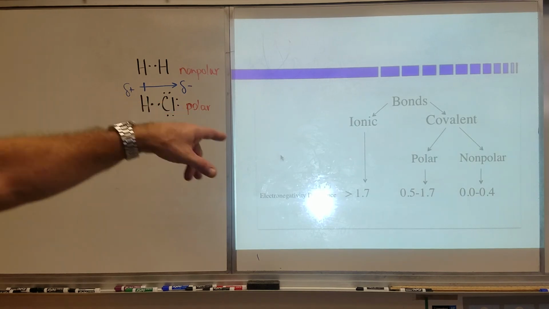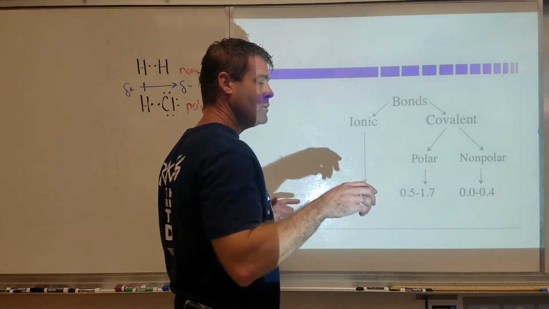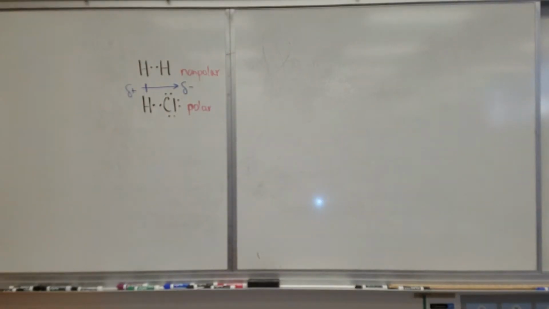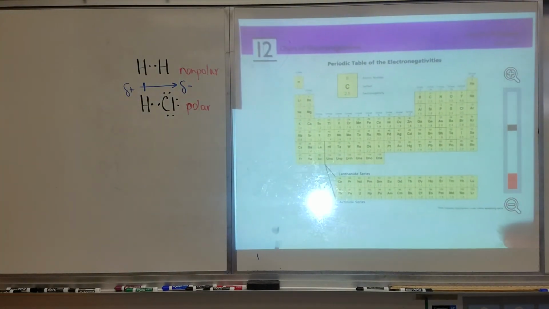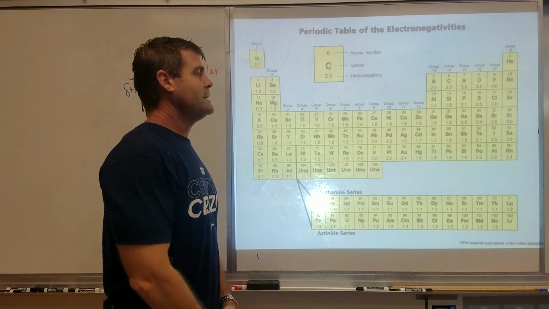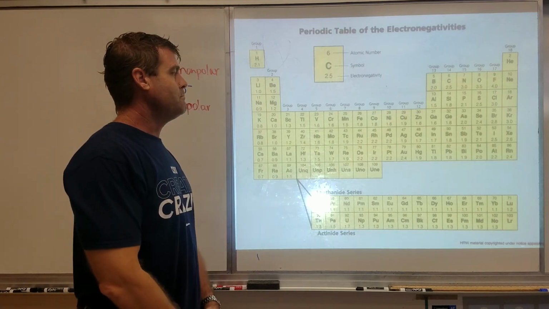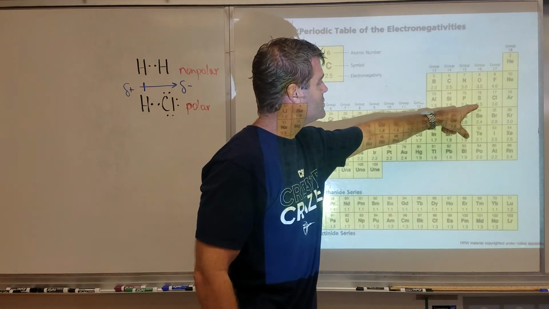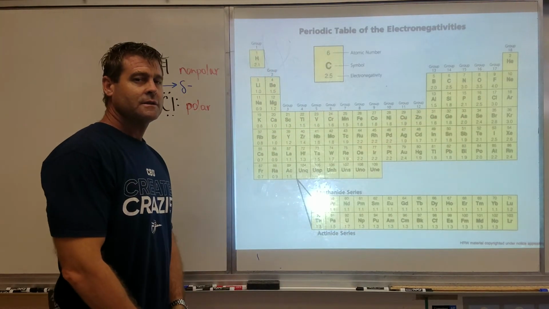So hopefully you guys have this written down, and as we do this, you're looking at the periodic table I'm going to show you here with electronegativities. So what kind of bond would you identify as occurring between boron and sulfur? Okay, boron here, sulfur here. What kind of bond, what do you guys think?